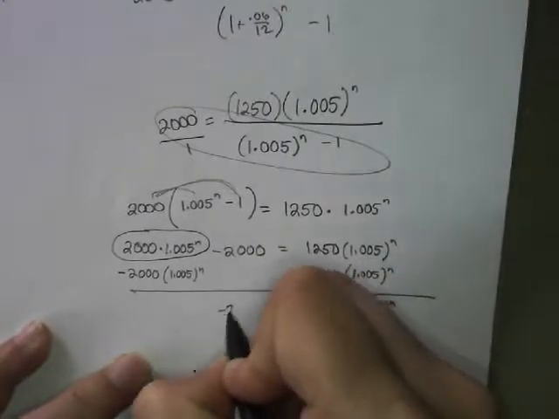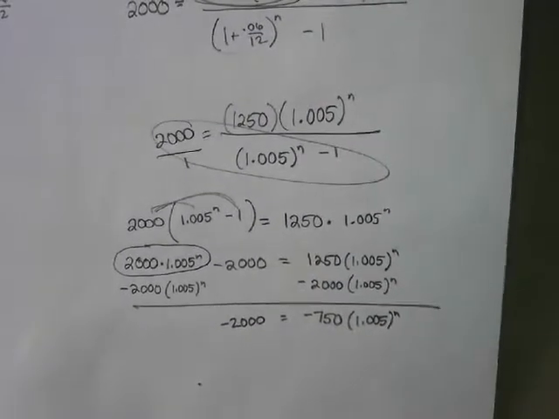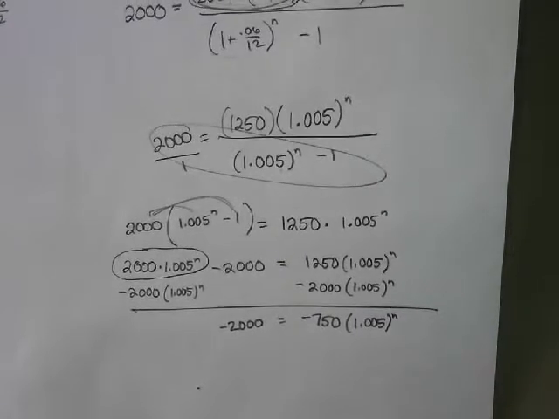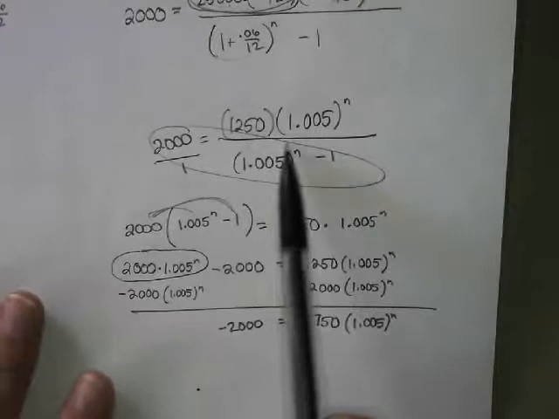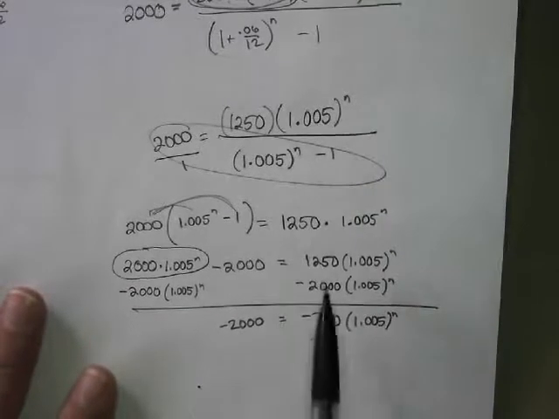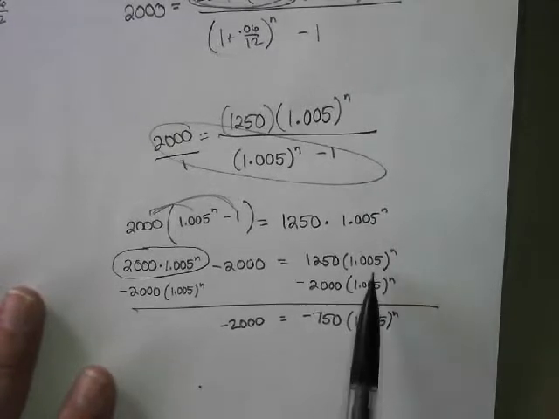And once you're here, isolating and solving your exponential equation is pretty straightforward. So the reason I said early on, this wouldn't be able to work if our bases were different, is because down here we wouldn't be able to quote-unquote combine like terms if those bases were different. So you should always have that same base.